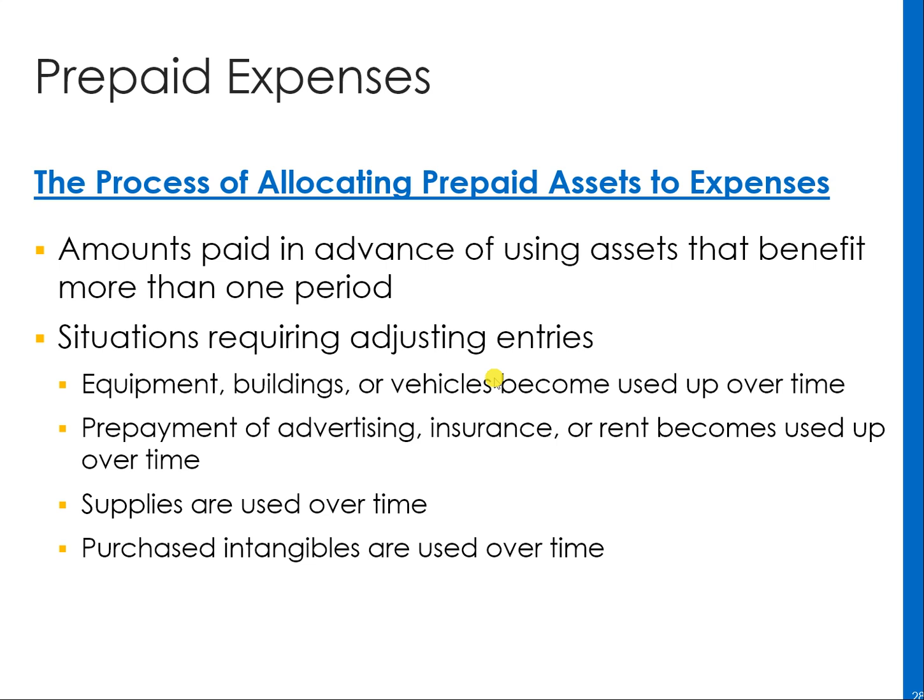This can be viewed as adjusting for prepaid expense. Then we have prepaid insurance and prepaid rent, and when they are used up over time, we're going to adjust the prepaid asset and recognize an expense like rent expense.